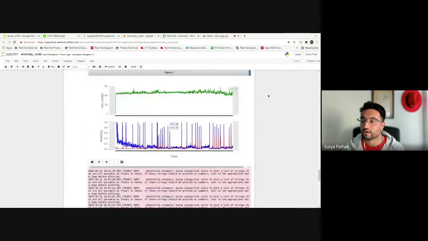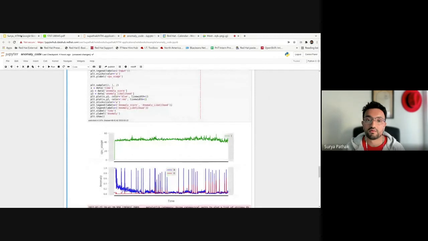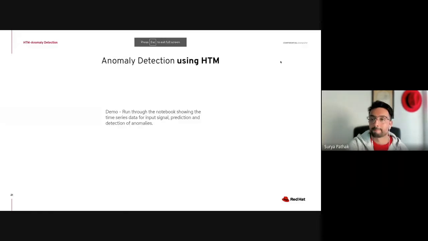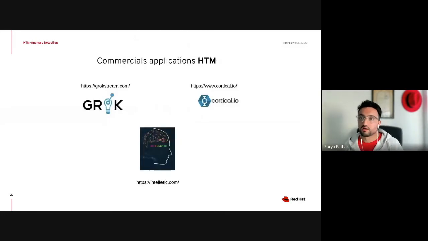So going back to the presentation now. There are a couple of commercial applications of HTM as well. There's a team called Grok Stream, which uses anomaly detection for commercial purposes. There's a team called Cortical.io, which uses this technology in NLP, natural language processing, and semantic analysis.